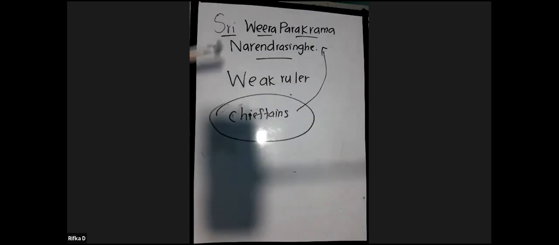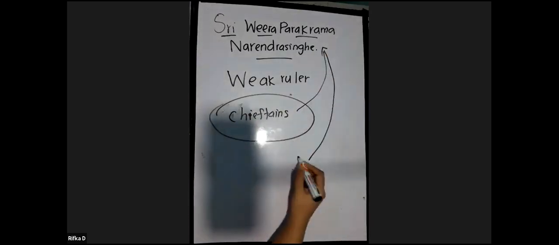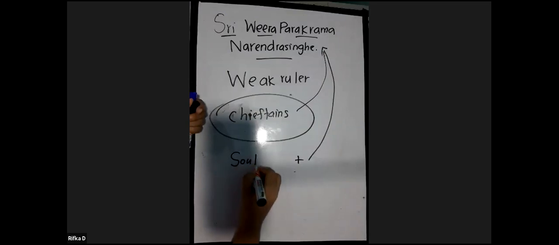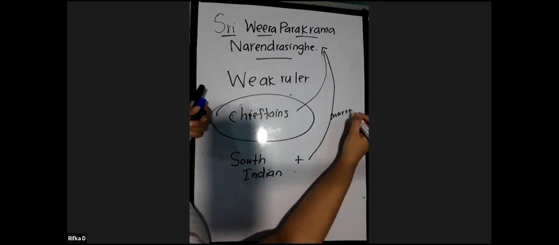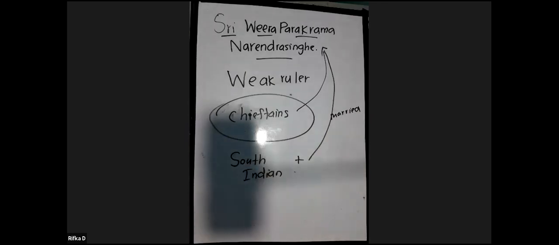King Shri Veera Parakrama Narendra Singha married a queen from South India, a South Indian princess. After his death, there was no one to inherit the throne of the Kandyan kingdom because he died without leaving any children. They did not have children from this marriage.